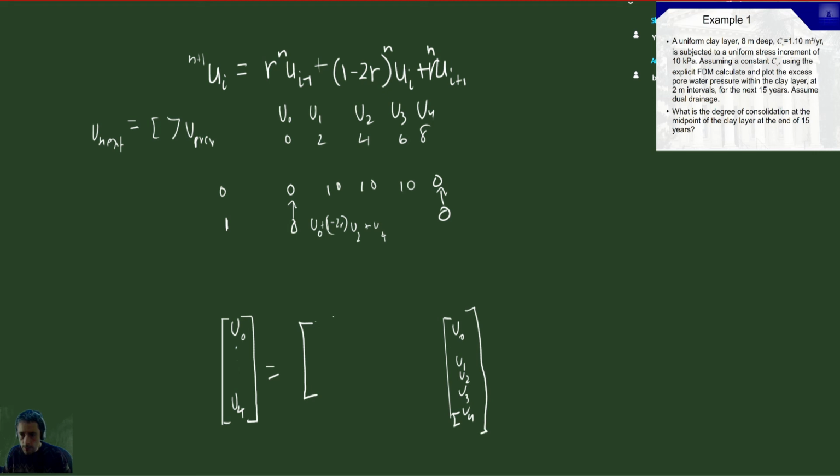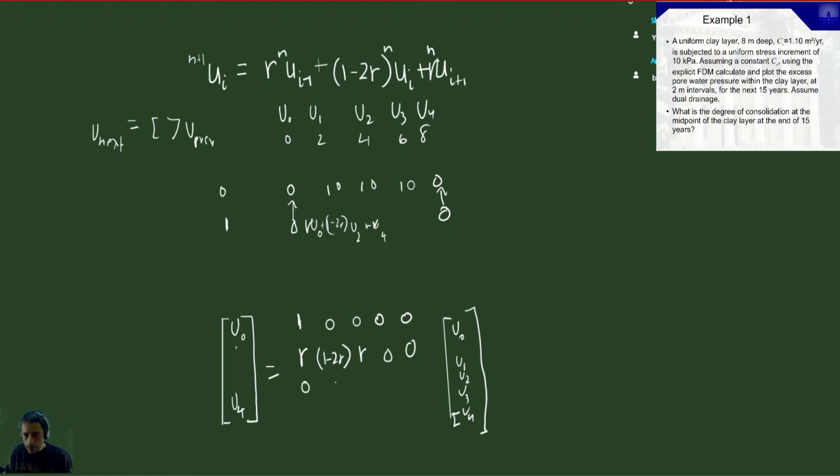So u0 will always be equal to the previous u0, and all the other values of pore pressure before that don't matter. u1 though is equal to r times u0 plus 1 minus 2r times u1 of the previous step plus r, and it's not affected by the other nodes.